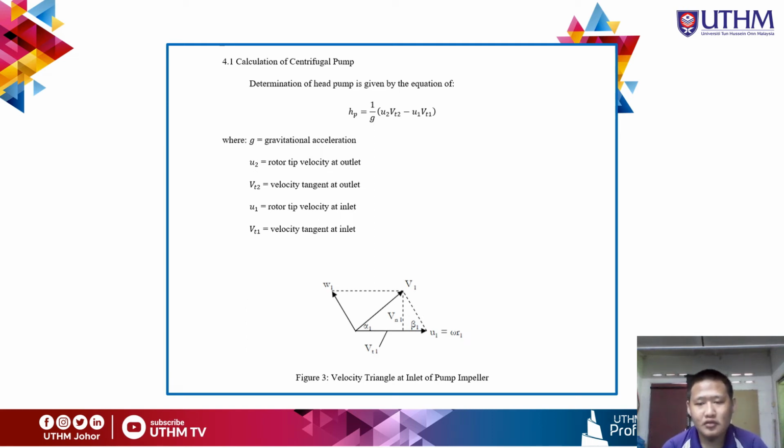For the centrifugal pump, we start by determining the head pump from the given formula, HP equal to 1 over G times (U2 times Vt2 minus U1 times Vt1), where G is the gravitational acceleration, U2 is the rotative velocity at outlet, Vt2 is the tangential velocity at outlet, U1 is the rotative velocity at inlet, and Vt1 is the tangential velocity at inlet.